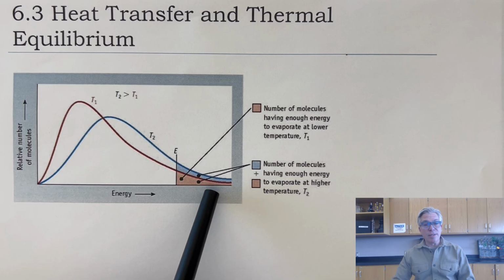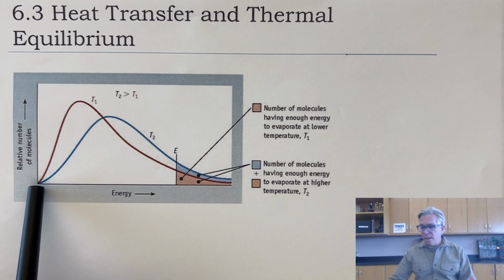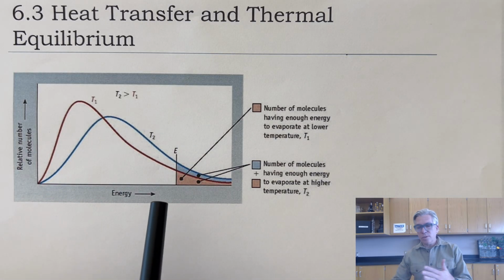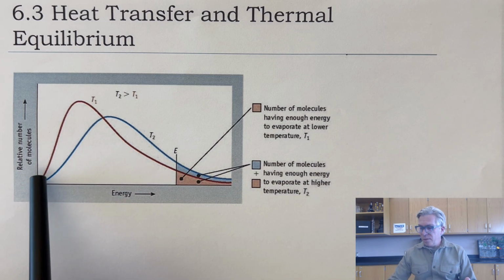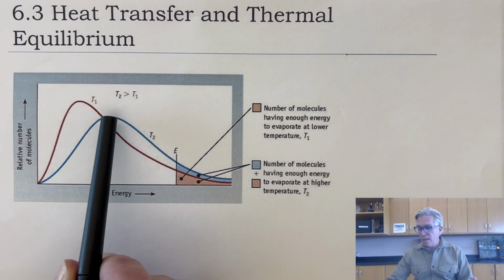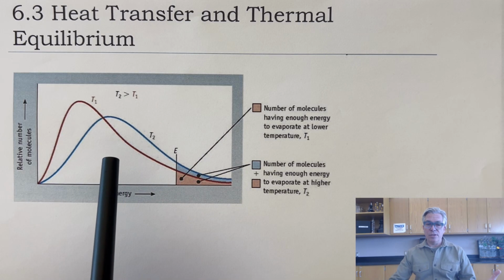Some molecules have really, really high kinetic energy, but the majority of them are kind of right there. If the temperature goes up, the whole mountain goes to the right a little bit. You'll still have some molecules with low kinetic energy and more molecules with high kinetic energy, but on average, the average has shifted a little bit because you're at a higher temperature.